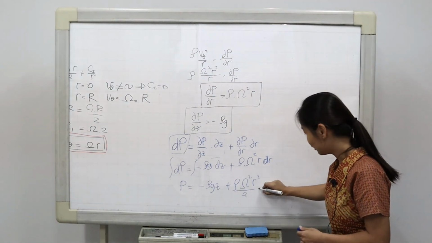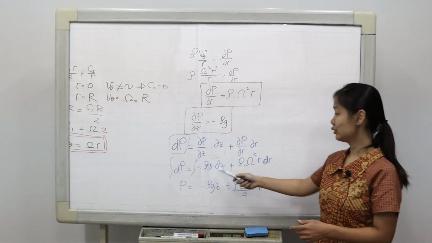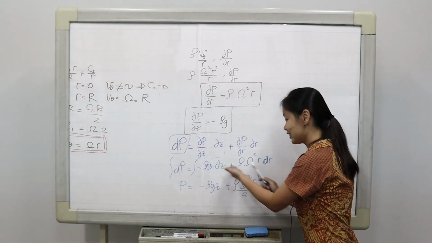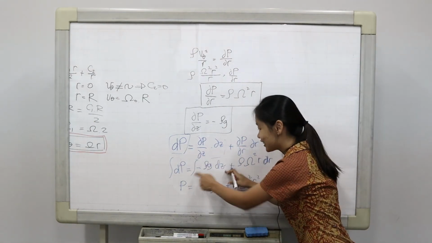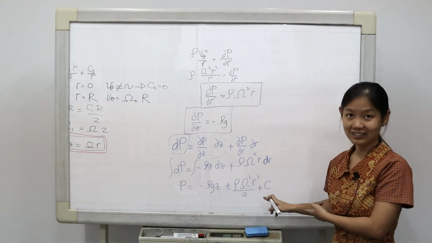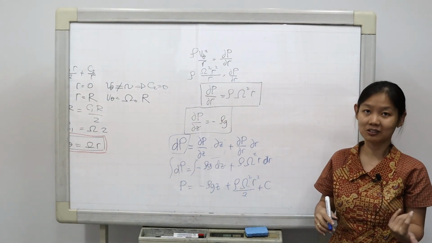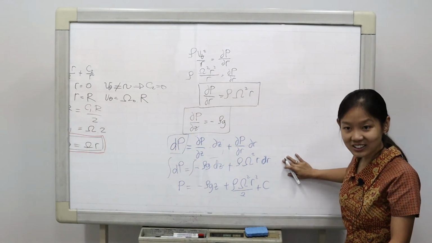Don't forget the constant. Even though we have two integration components here, we only need one constant, because we only do one integration. So what is the constant?